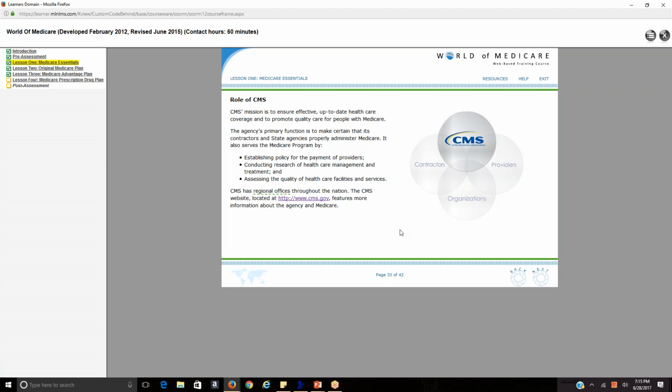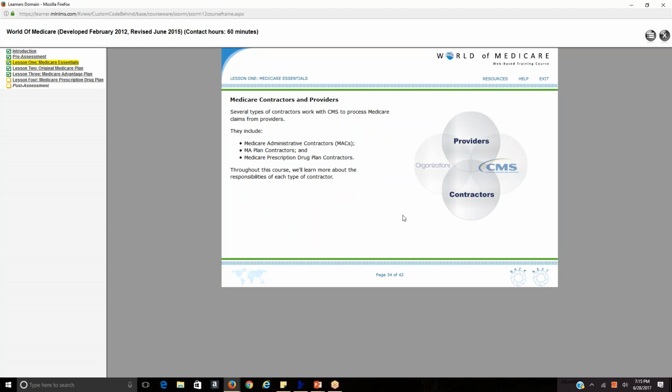CMS has regional offices throughout the nation, and has contractors who provide the billing services and the payment services for Medicare beneficiaries. So the contractor-provider relationship in CMS is such that a provider will bill.